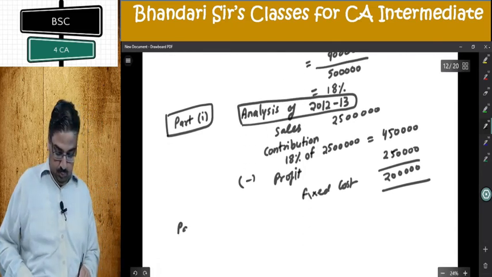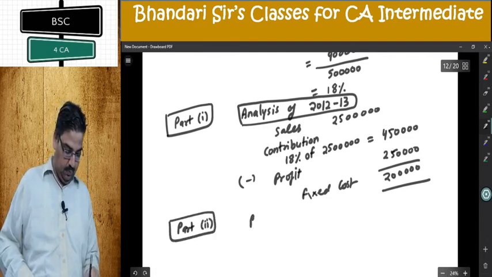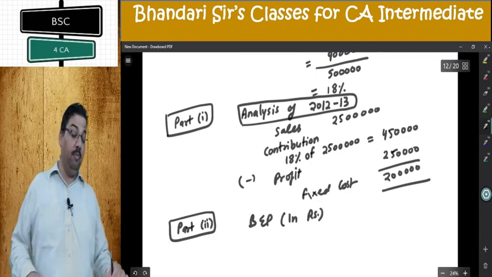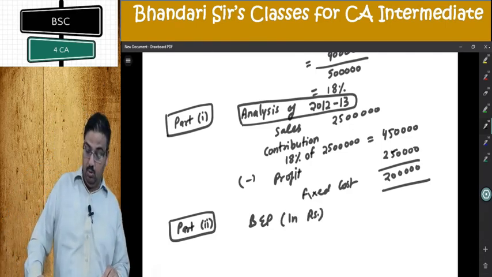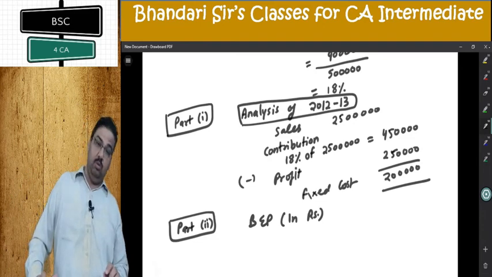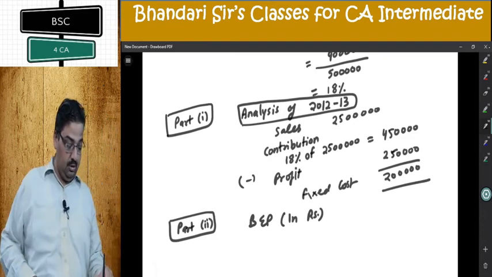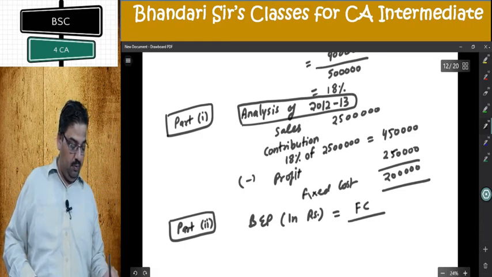Part 2. Break-even point in rupees. Cannot compute in units. Nothing per unit known, nor the units are known. So you can compute only in rupees. Fixed cost by PV ratio.